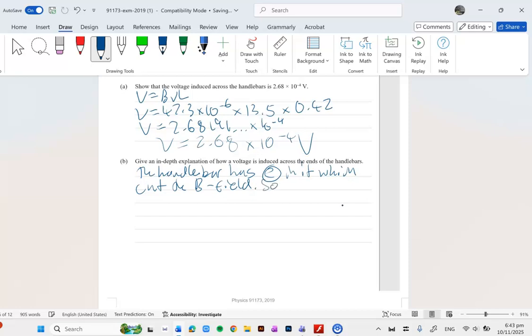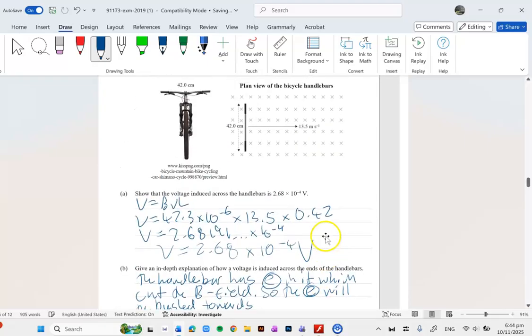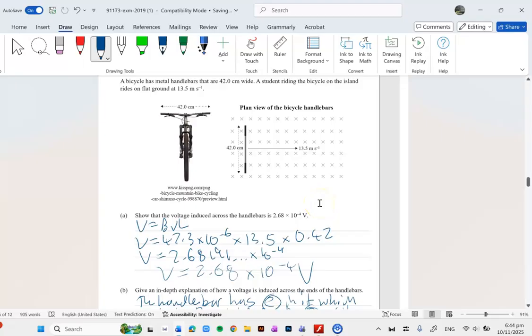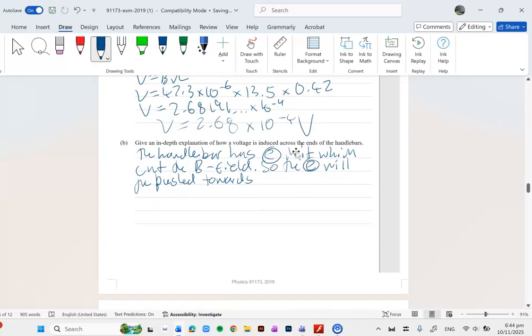So the electrons will be pushed, if I use my right hand rule really quick, into the page, so fingers away from me, and it's going right, so my thumb to the right, so the force is going up, but for electrons it's going to be the opposite, so pushed towards the bottom.